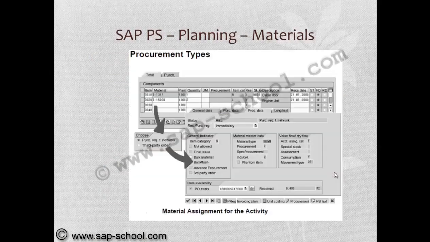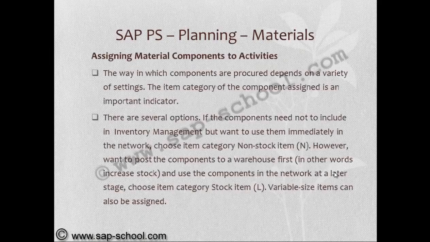So, how this will be defined is with the help of procurement key. In the procurement key, we are clearly selecting purchase requisition for network like that. Here indicators will be used over there. Now we'll see the further information on it.